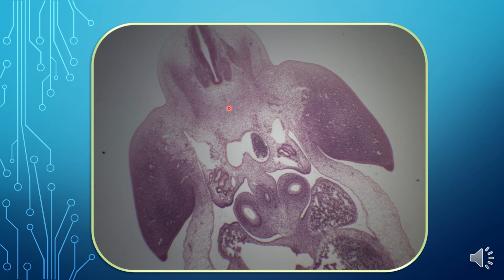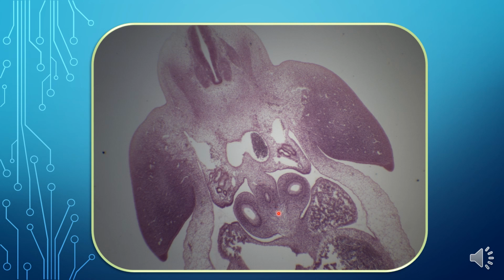Ventral to the neural tube is the notochord, and ventral to the notochord is the dorsal aorta, and this is the cardinal vein. Here you can see the renal system beginning to form.